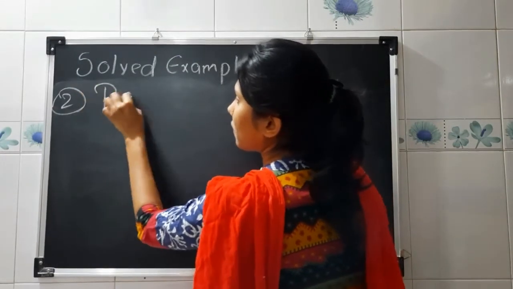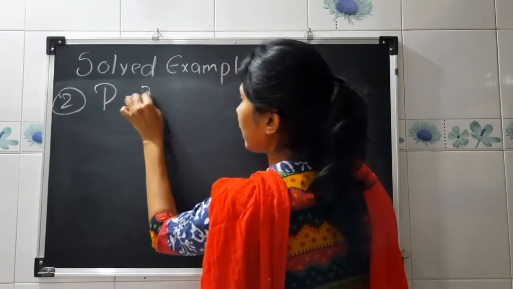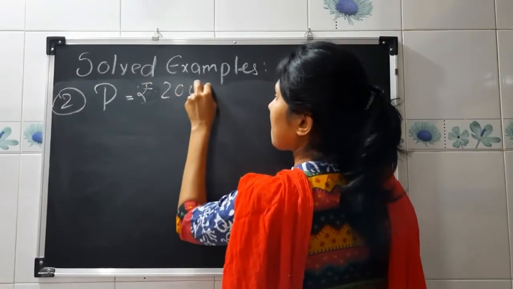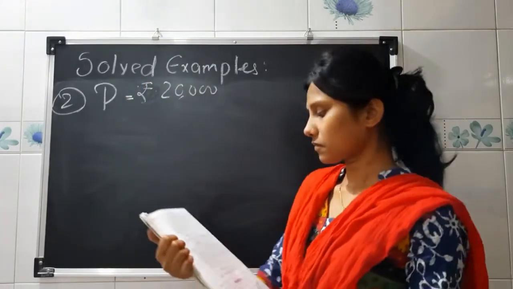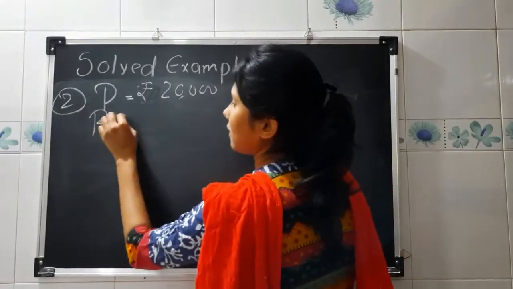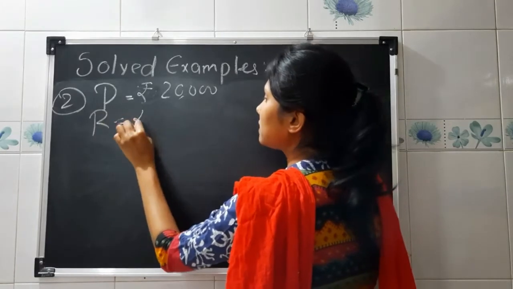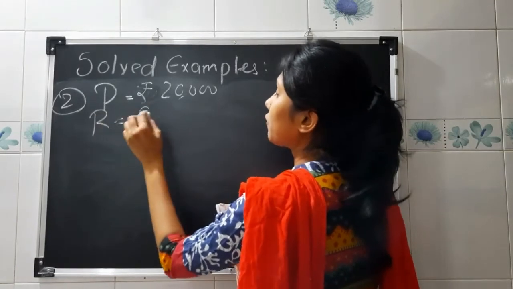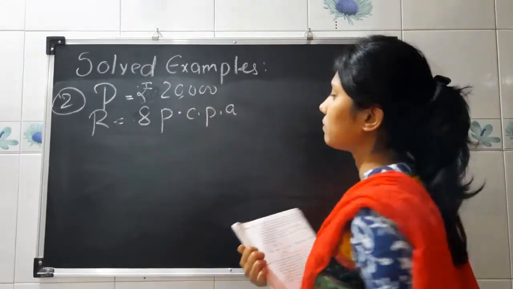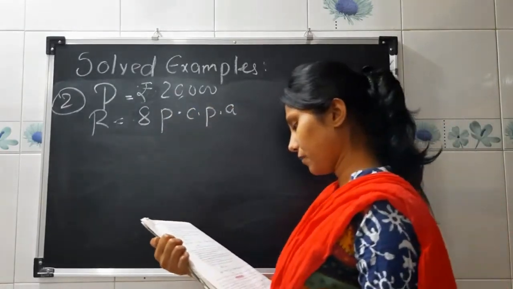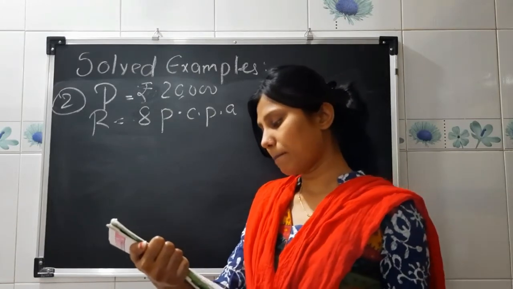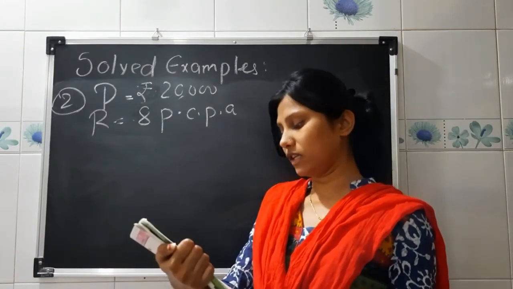That is, P is equal to 20,000. At a rate of 8% per annum means our rate of interest is 8 PCPA. What is the amount he will return to the bank at the end of the year?